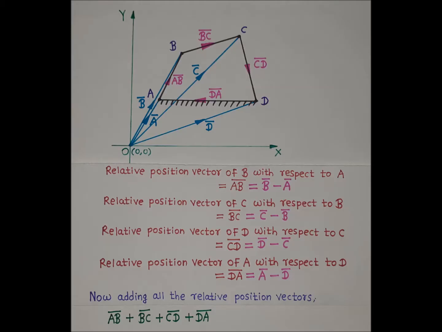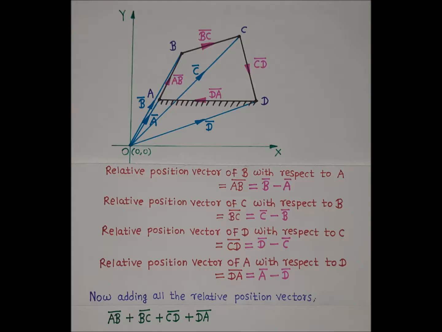Okay, so obviously that addition will be AB bar plus BC bar plus CD bar plus DA bar. Okay, now what we will do, we will put values of AB bar, BC bar, CD bar, and DA bar.